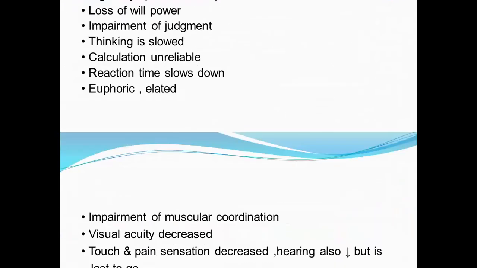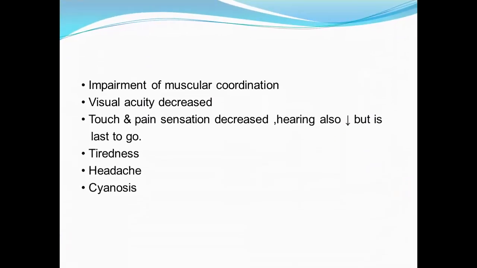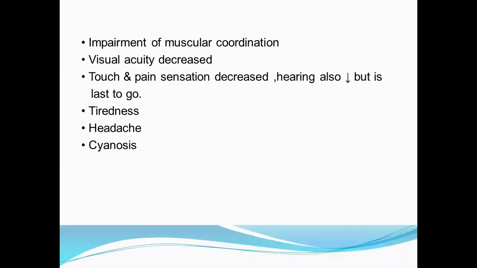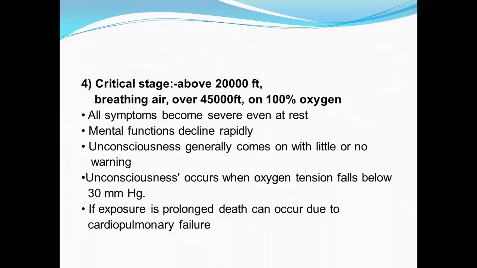And then comes the critical stage. Here, along with the previous symptoms, there may be impaired muscular coordination, decreased acuity of vision, decreased touch and pain sensation, and hearing also decreases, but it is the last to go; there is tiredness, headache, and cyanosis. This leads to the critical stage, which occurs above 20,000 feet.